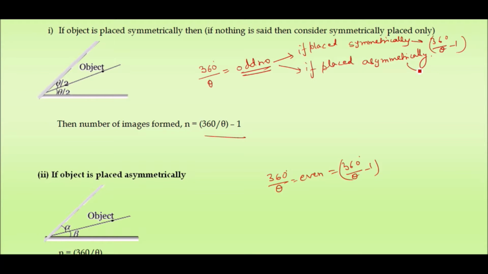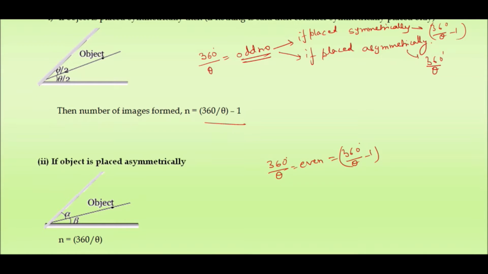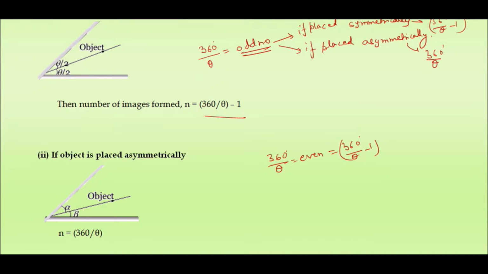If not symmetrically placed, then 360 by theta. And you may observe this also in your day-to-day life. You just put two plane mirrors and then place an object there, you will see multiple images formed, and the number of images formed changes if you change the angle between the two mirrors.